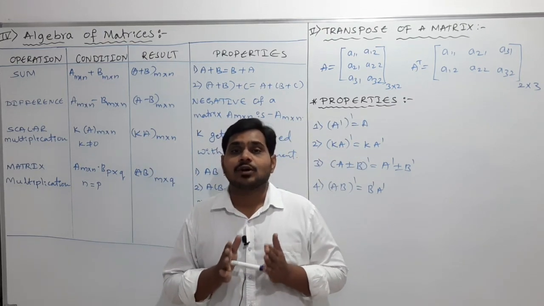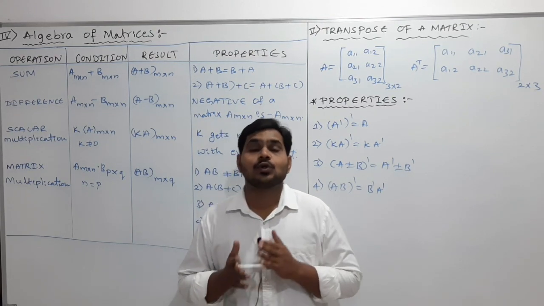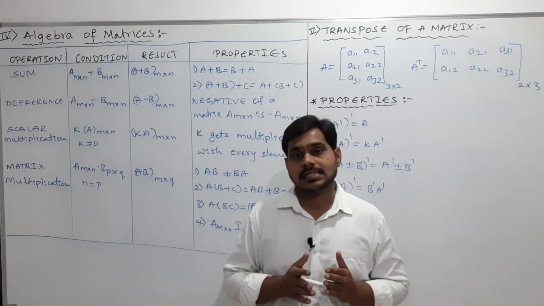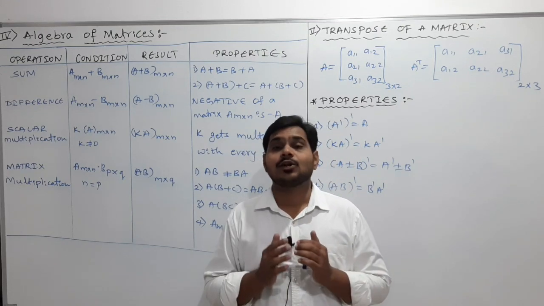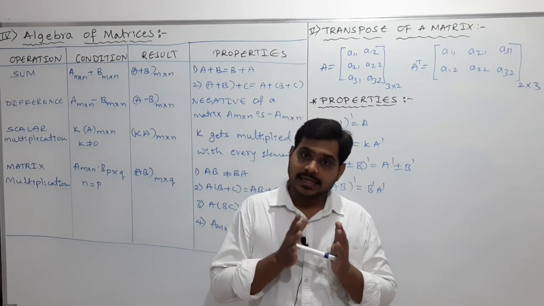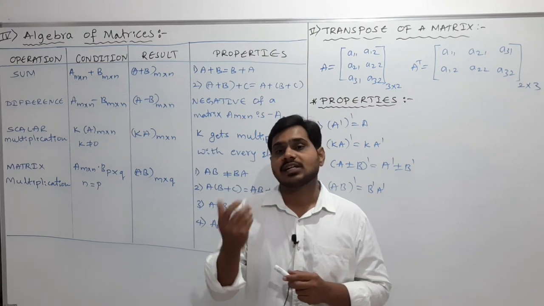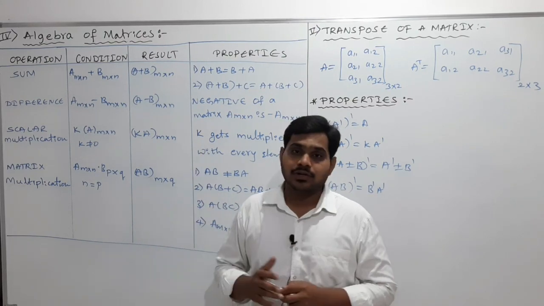So please keep in your mind, my dear students, to add any two matrices or to subtract any two matrices or to multiply any two matrices, there are some conditions. If that condition is satisfied, then only we can add, we can subtract. Whatever conditions there are, I am going to discuss them in particular. Clear?